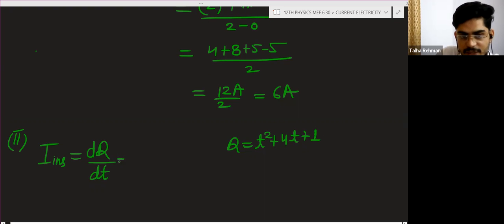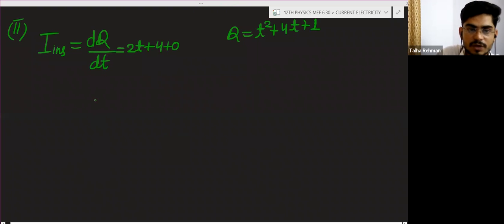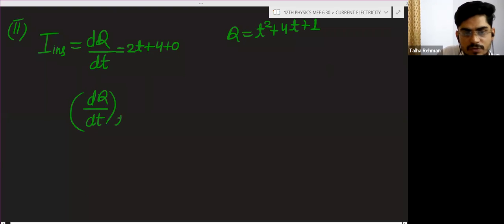Now we can differentiate easily. Differentiation of t square, this 2 will come here and decrease one power. This will become 2t. And this 4t, the differentiation of 4t with respect to t is 4 and differentiation of this constant is 0. So we have got dq by dt. And we have to put t equal to 2 seconds here.